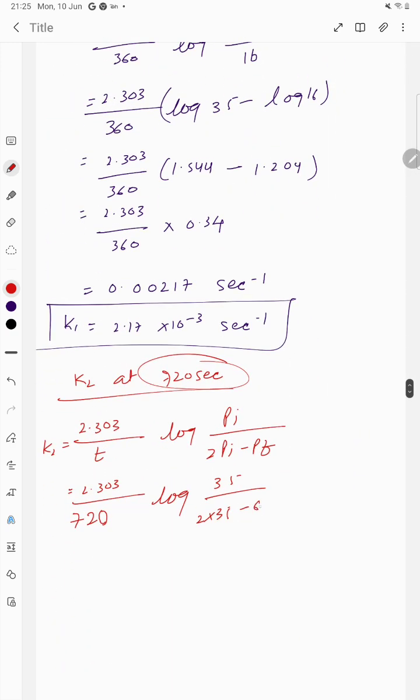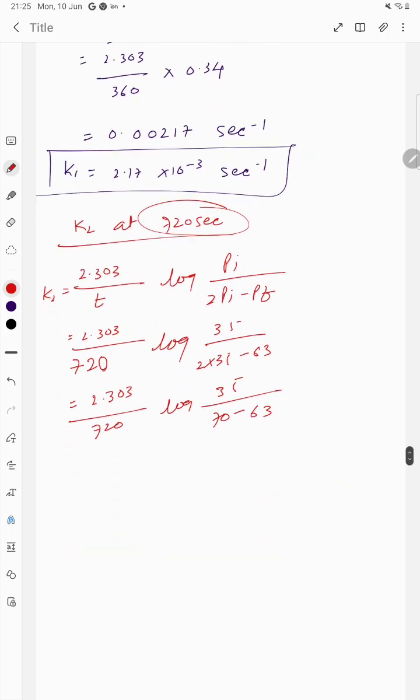That is 2.303 upon 720, log 35 upon 70 minus 63, which is 7, so log 5.